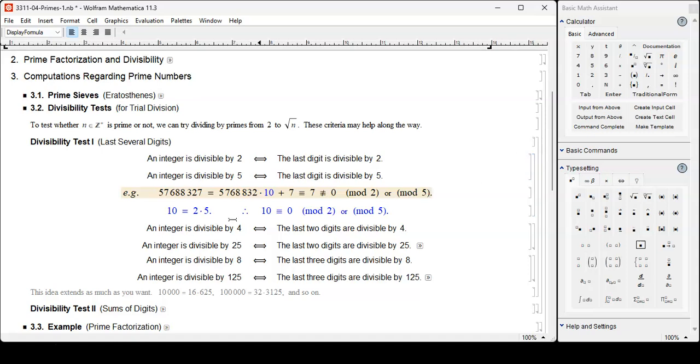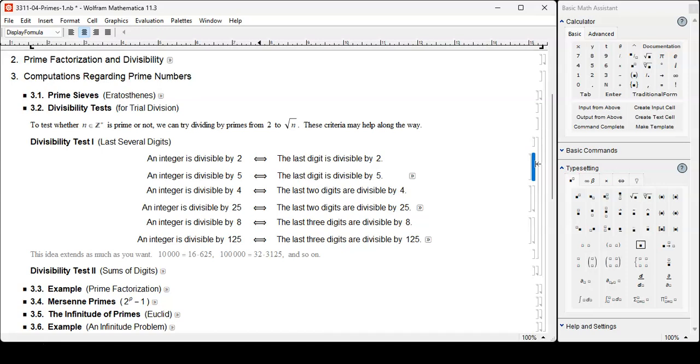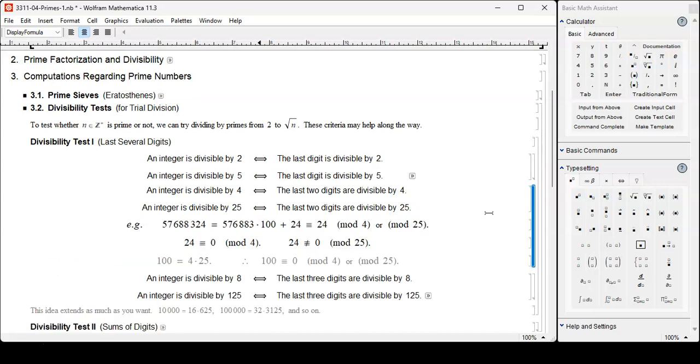I just gave you an example here, but you can re-express it as a power series with all those symbols, and you can go ahead with the general proof if you want to, but that's left to the students. How about the last 2 digits? That's because 4 times 25 is 100. That's the big reason.